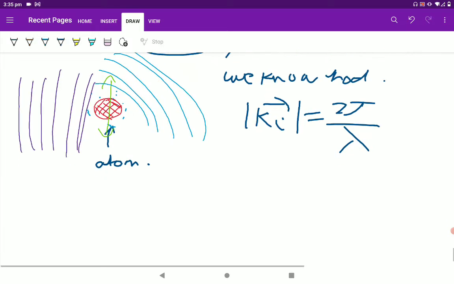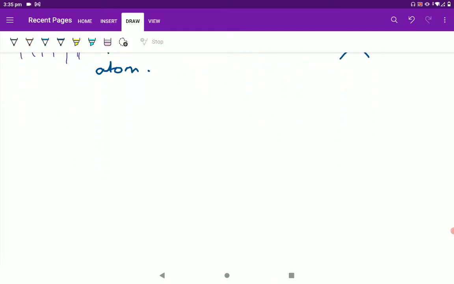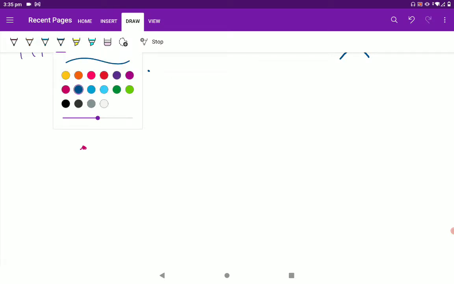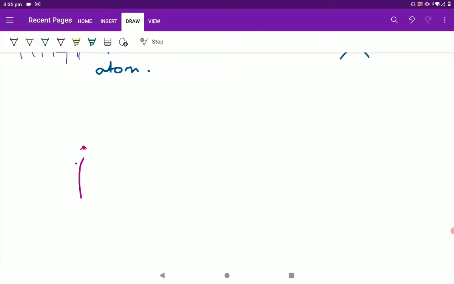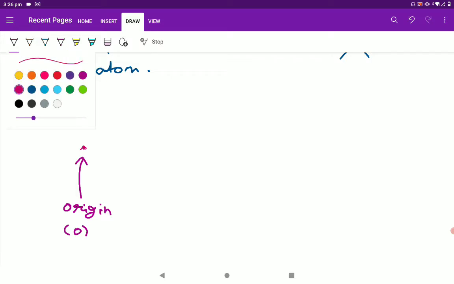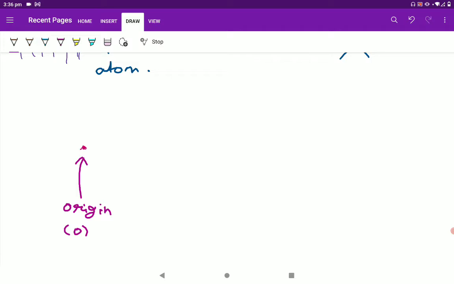Now let's consider one atom. Let's consider first an origin, this is origin O, and let's consider an atom at this point from the origin.